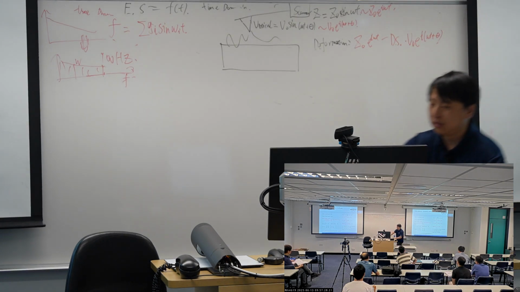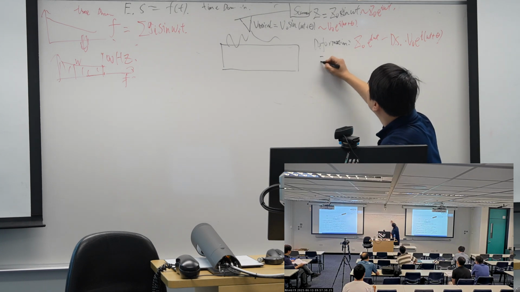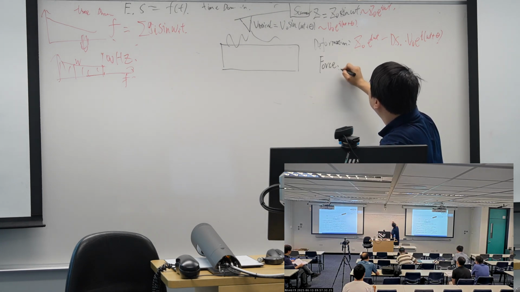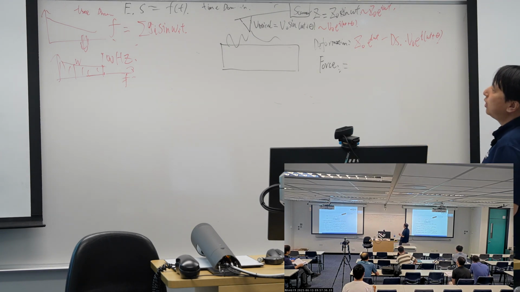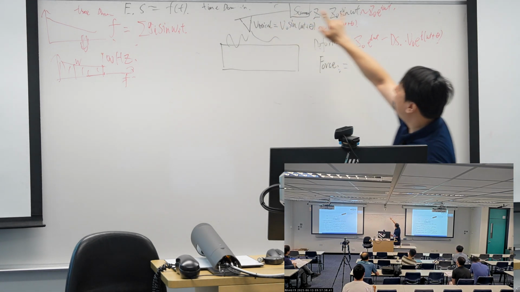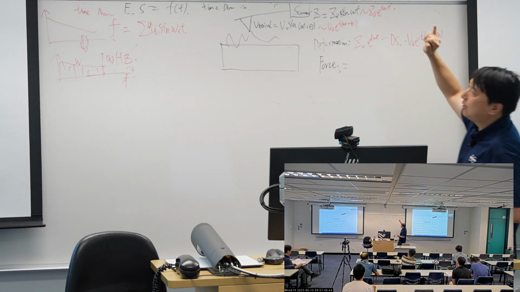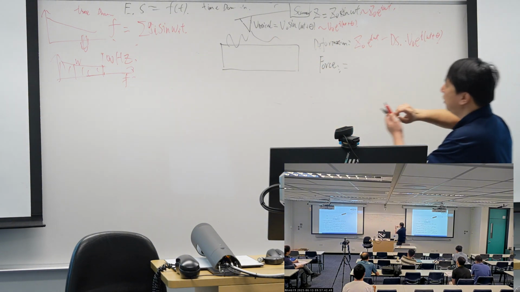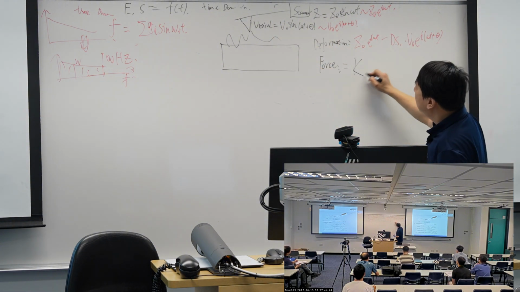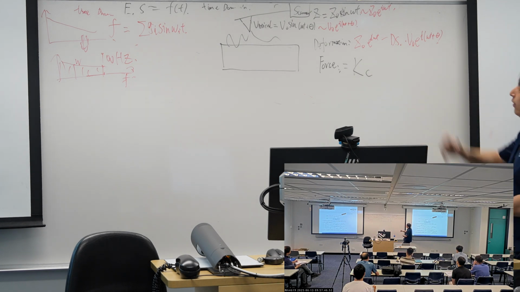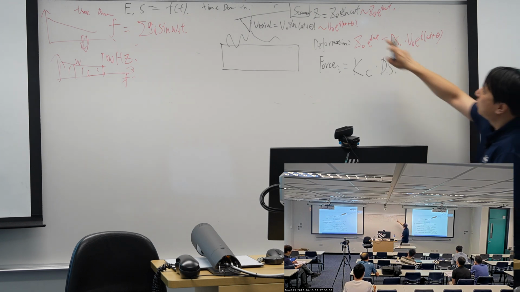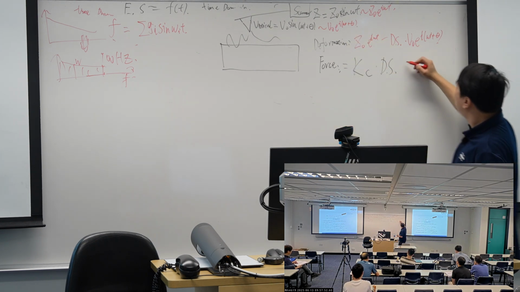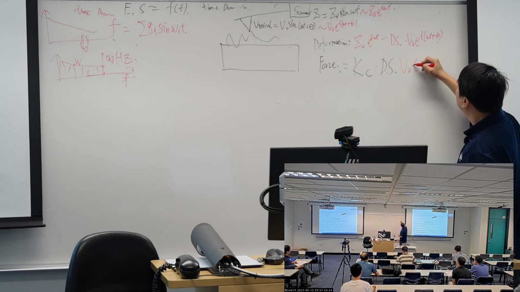And the force will equal the vertical times deflection sensitivity times spring constant. So it will be the spring constant times deflection sensitivity times V0 e^(i(omega t plus theta)).